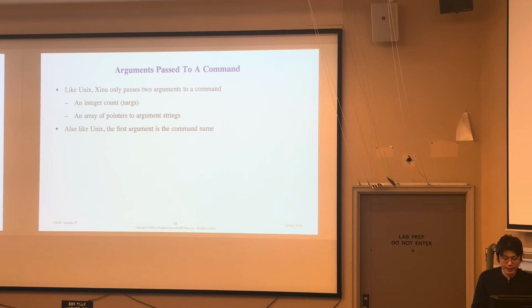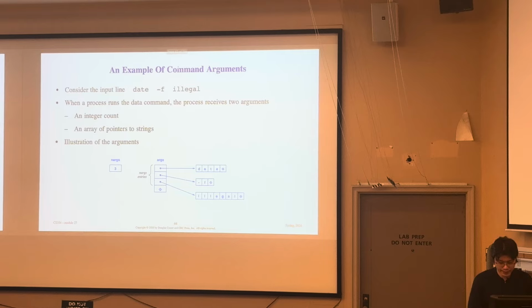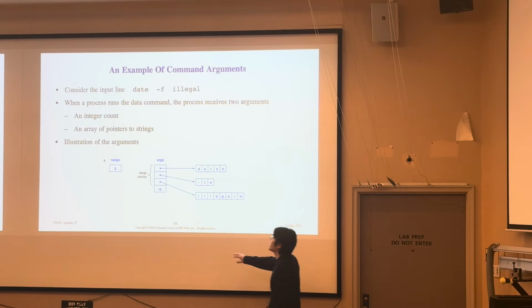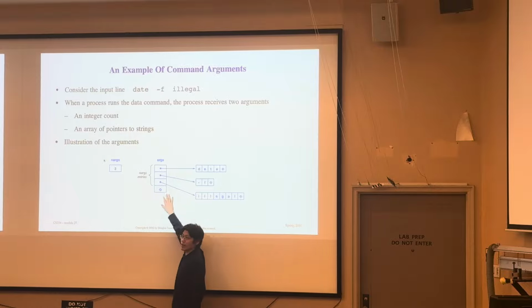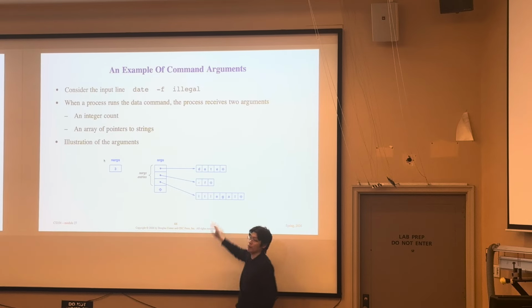The first argument is the command name. Here is an example: you have three arguments, and the second one is this array that stores all the arguments to your command.